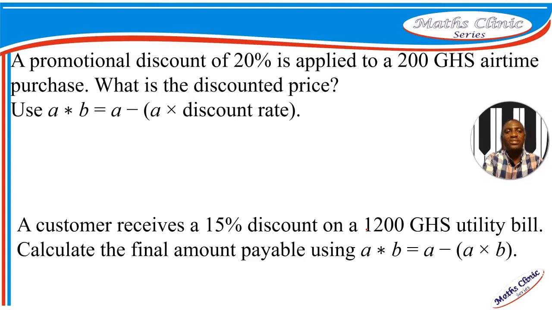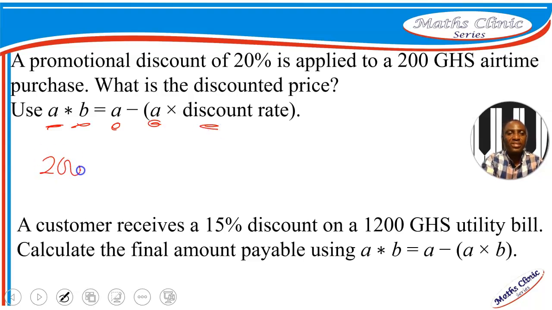And here, once again, if you go by the binary operation A star B, meaning take your first number minus the first times the second. Okay, so you have 200 cedis, and you are receiving a discount of 20%.